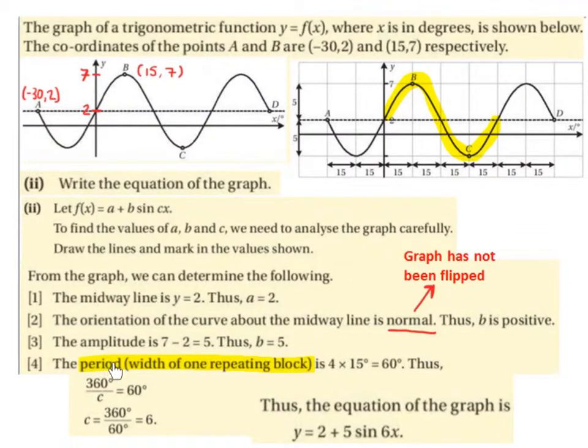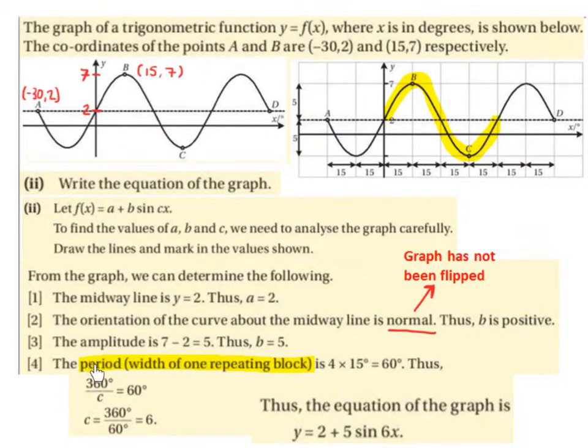The period, which is the width of one repeating block, is going to be 4 multiplied by 15, which is 60 degrees. Because we see that this is the point at which our building block starts, and this is the point at which it ends. So 15 plus 15 plus 15 plus 15 is 60 degrees.